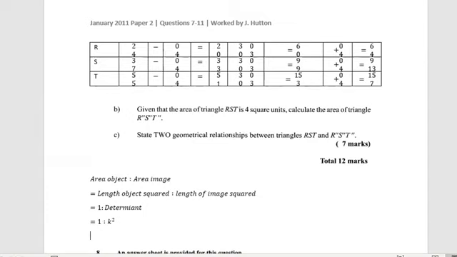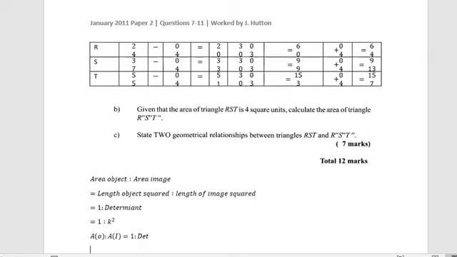So what we're saying is area of the object to area of the image is equal to 1 to 9, which is 1 to the determinant that we're looking at.